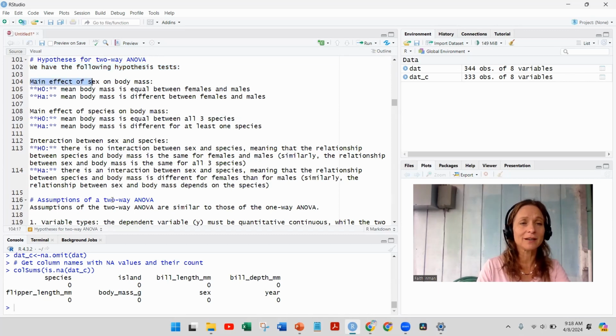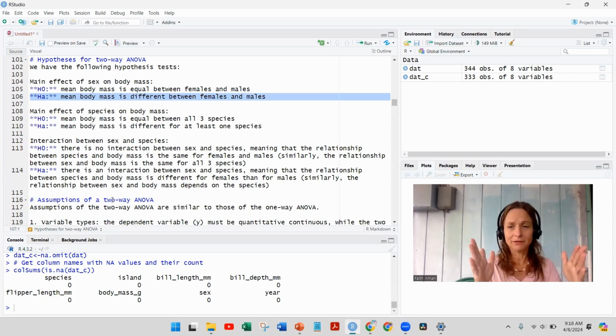1, the main effect of sex on body mass, right? This is our hypothesis for that first main effect. Null hypothesis, mean body mass is equal between females and males. Alternative hypothesis, mean body mass is different between females and males, right? Equal, different.